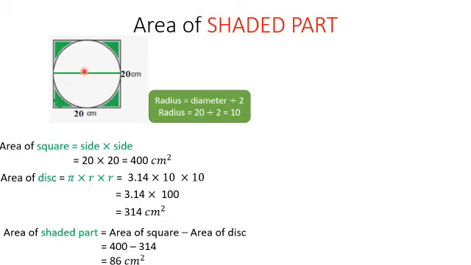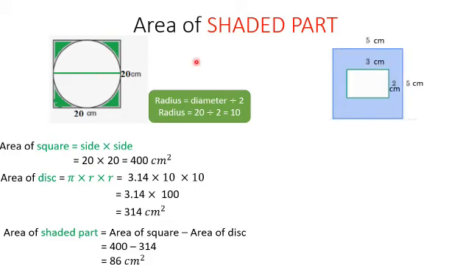Let us take another example. We are going to calculate the area of the shaded part as well. First, we calculate the area of the square, then calculate the area of the rectangle. After that, we can calculate the area of the shaded part. Let us start with the area of the square, which is equal to side times side. The side given is 5, then 5 times 5, it's equal to 25 centimeters squared.